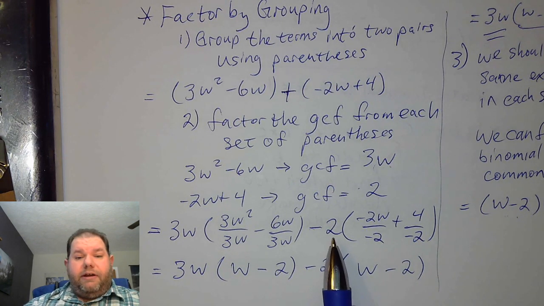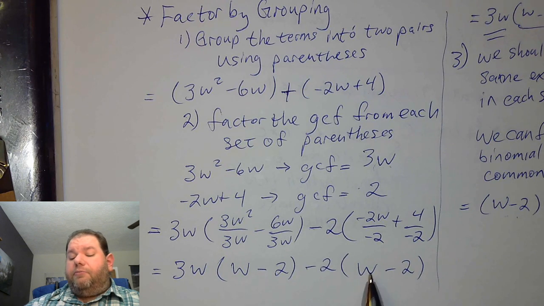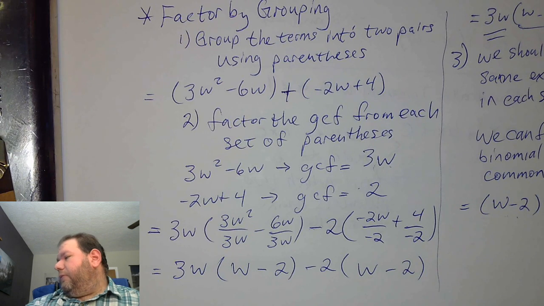The reason we want to take out a negative specifically is to end up with this being a positive w, because we want these two things to match. If these two things don't match, we can't continue. Okay? So we got this expression left over.